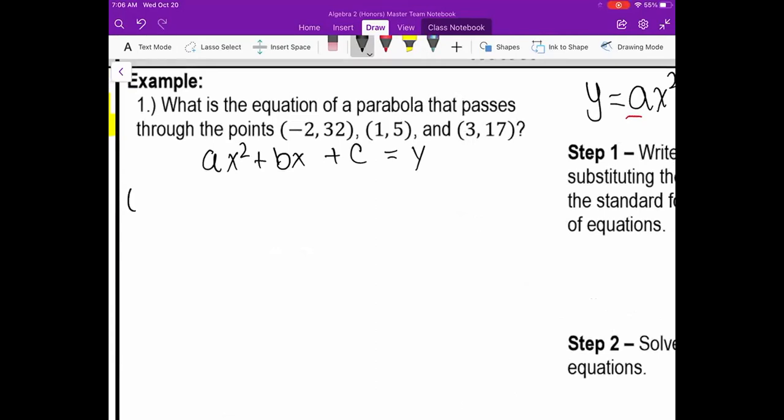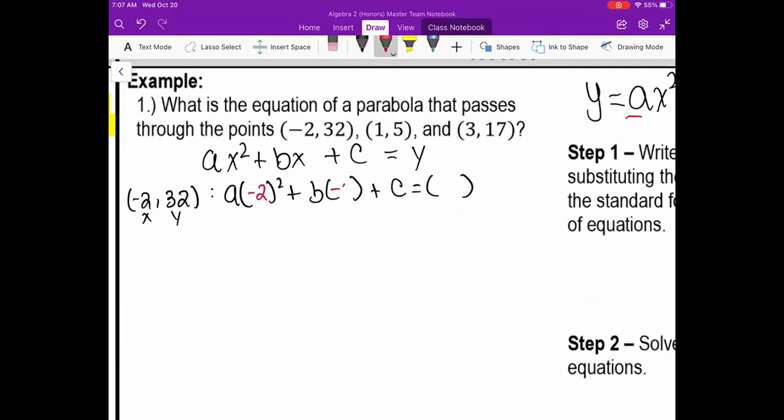So I'm going to plug in (-2, 32). This is x, this is y. So for every x, I'm going to plug in -2, and for every y, I'm going to plug in 32.